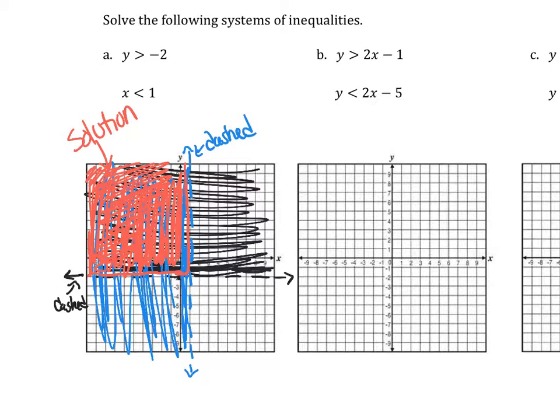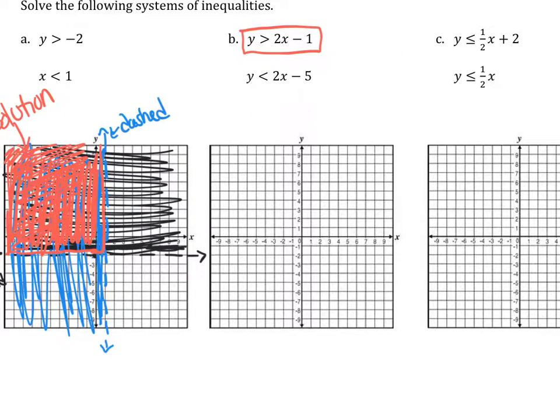Okay, our next one, letter B. So y is already by itself for both of them, which is good. So then we can just go right to graphing. I'll have my first one be red, my second one will be blue. For the first one, the y-intercept is -1. And then the slope is 2. So up 2, right 1, up 2, right 1.